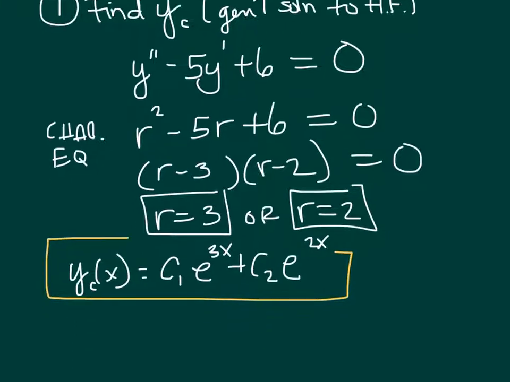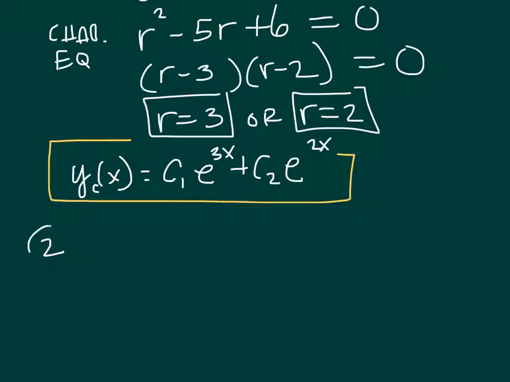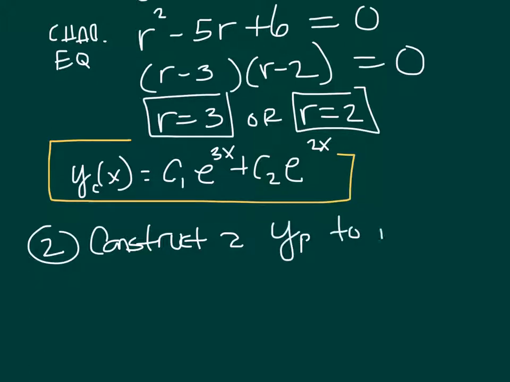So now step 2, again, we want to construct a particular solution, a y sub p, to the non-homogeneous equation. Again, we base our choice on a specific form.